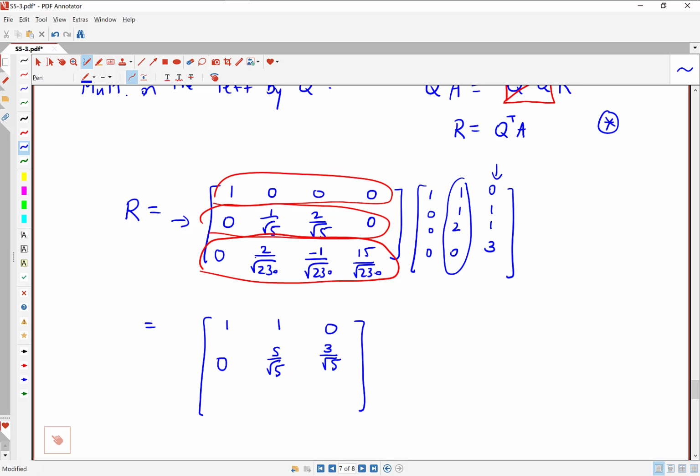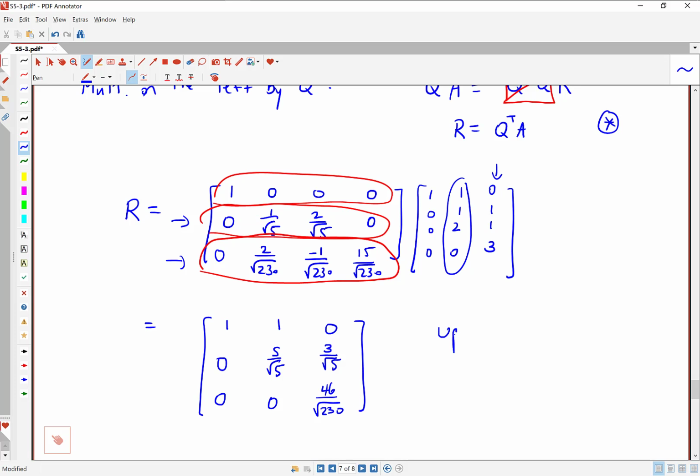Same thing for the third row now, dotting with the various columns. We've got 0, we've got 0, and then third row with the third column, just thinking about the numerators: 0 times 0 plus 2 times 1 minus 1 times 1 plus 15 times 3. That gives 46, so the answer is 46 over root 230.